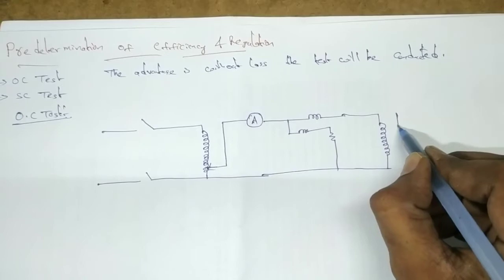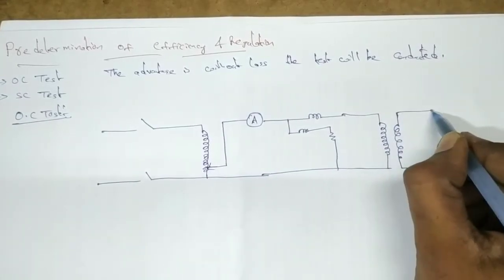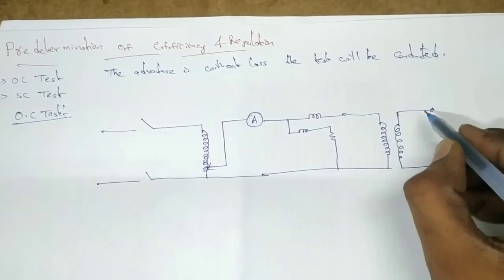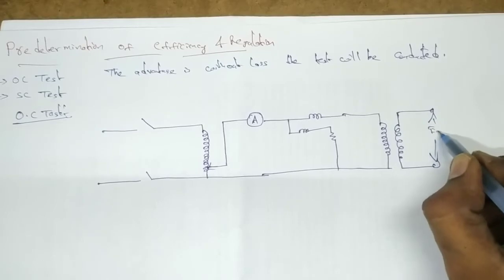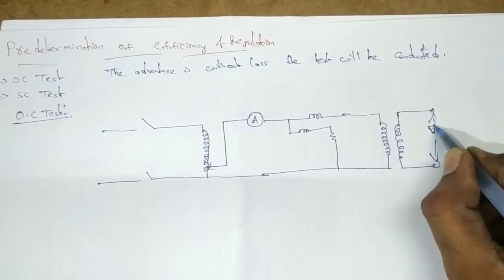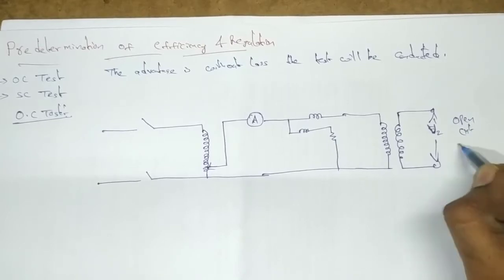In the OC test, the primary winding is the low voltage side and the secondary winding is the high voltage side. Since it is an open circuit, the secondary winding of the transformer will be open, so it is V2. So V2 and E2 are both equal in this case because the secondary is open.